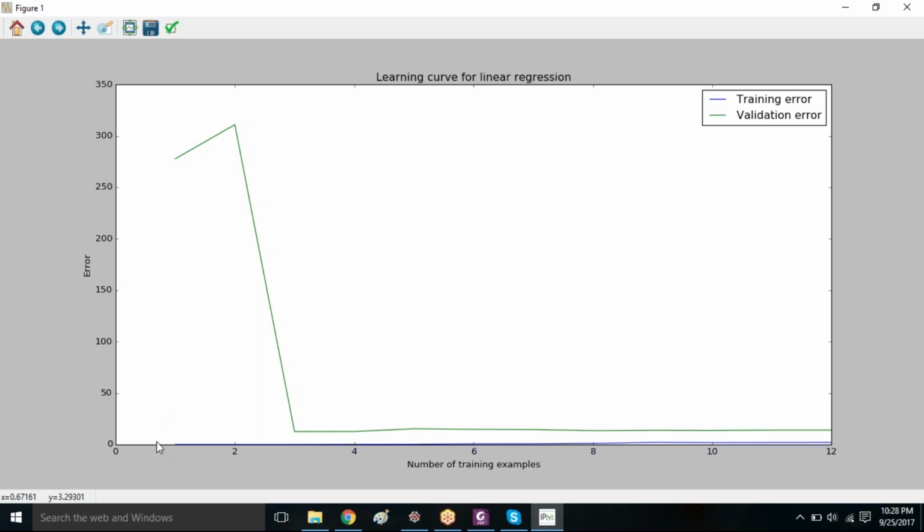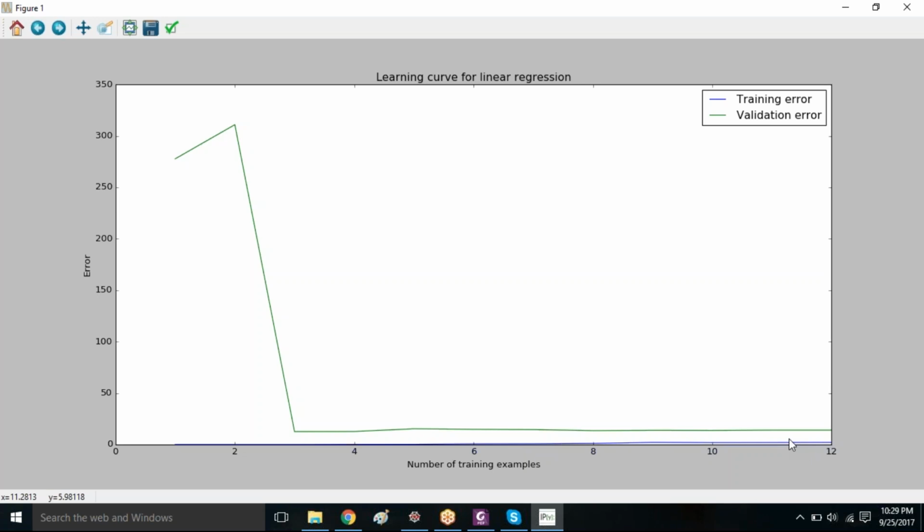Now you see how the training error is almost zero. At 12 data points, maybe one or two error is there. And validation error you also see on 12 data points has minimized to maybe 10. So validation error and training error both have gone down when we have used degree 2.